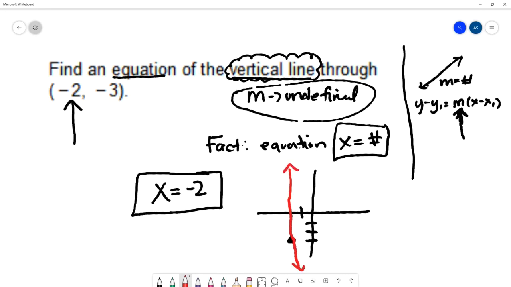This is a vertical line, straight up and down. And you'll notice that every ordered pair on this line will have an x of -2. So that's why our equation is x equals -2. Every ordered pair on that vertical line has that same x-coordinate.